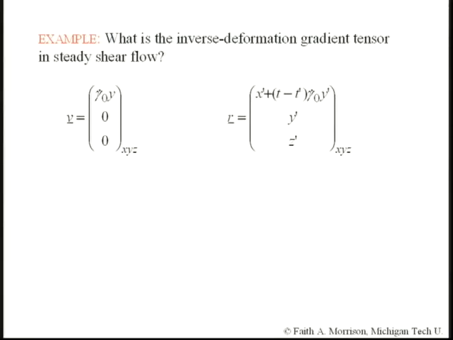So this is just shear flow occurring. So in shear flow, the y and z positions never change. The x position is the initial position plus the velocity times time interval. And that's what this is. The velocity is gamma dot times y. And the time interval is t minus t prime. So we could very quickly do that example.